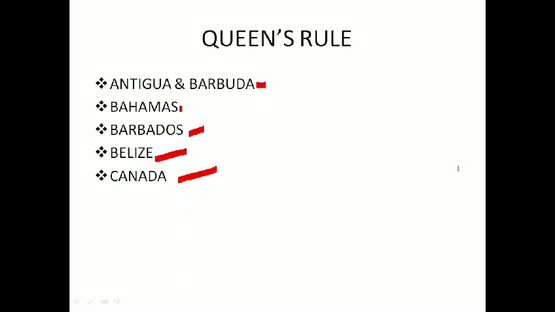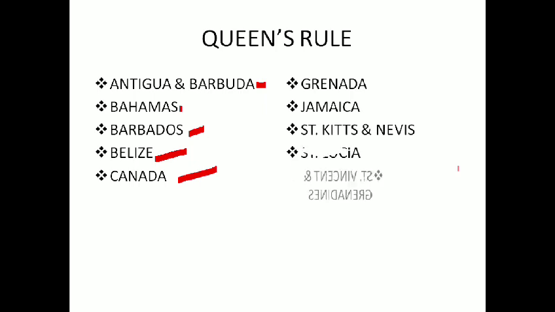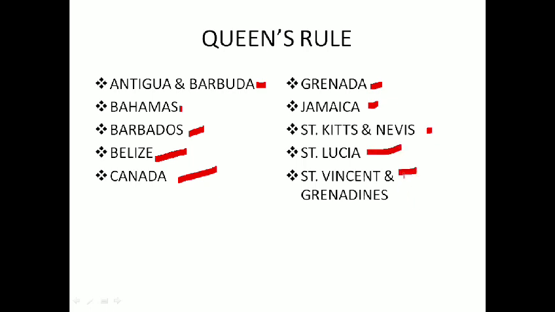These are the countries where you find this. Besides these, other countries also: Grenada, Jamaica, Saint Kitts and Nevis, Saint Lucia, Saint Vincent and the Grenadines. These countries are all members of the Commonwealth of Nations.